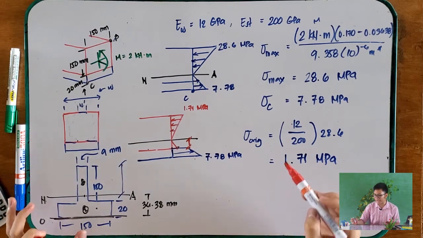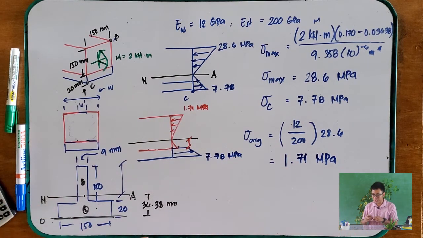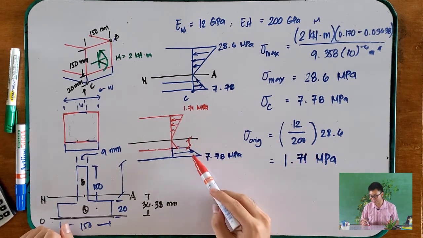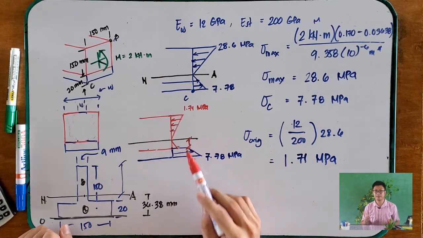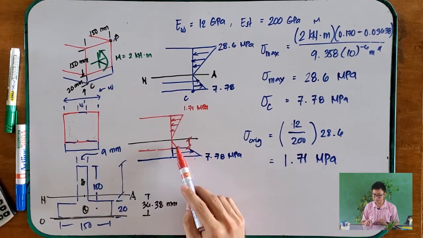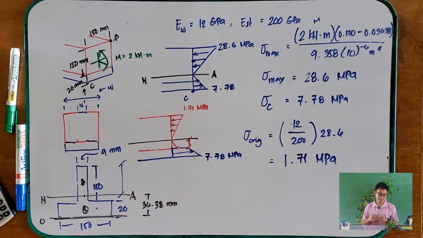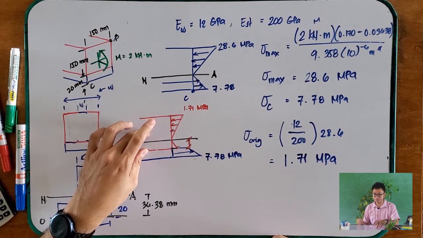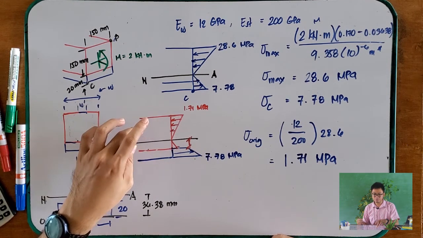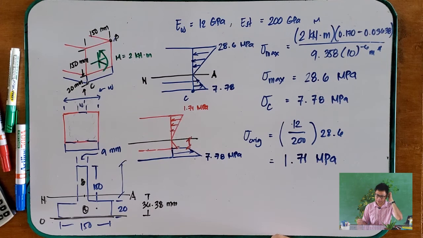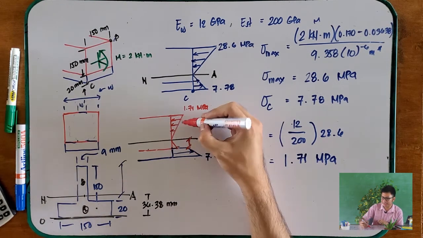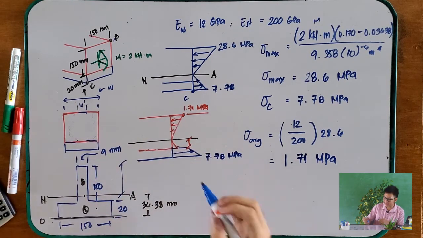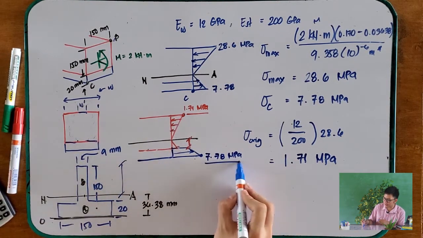And once you get that one, then, to get this one upod, mao na po ni, 12 over 200 times ang value sa ani. Okay? To get this normal stress. Okay? So, mao ni ang profile view sa atong composite nga beam. And we found out that the stress at B is 1.71 and the stress at C is 7.78.